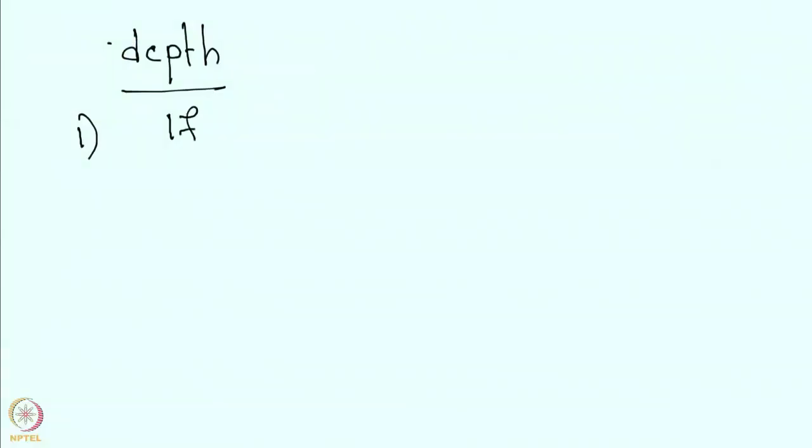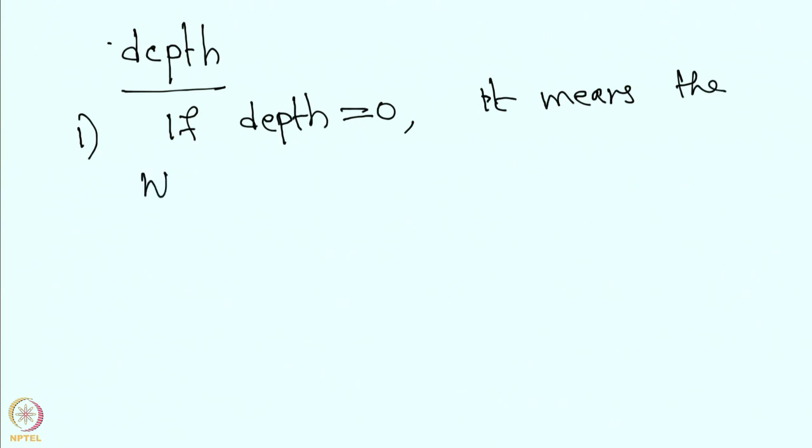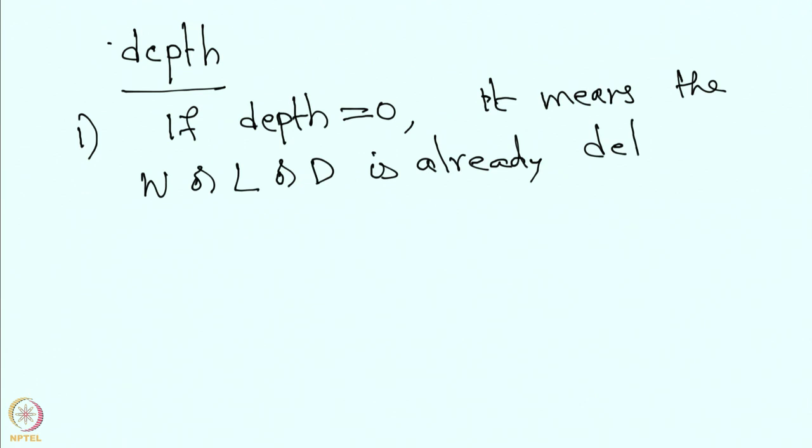If depth is 0, it automatically means the win or loss or draw is already determined. Therefore, if the depth is 0, it is already determined.